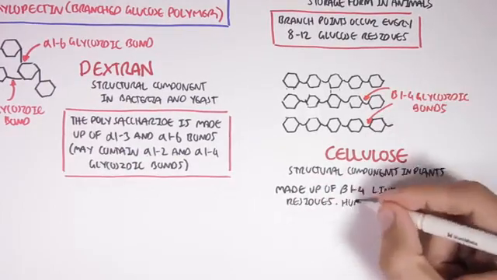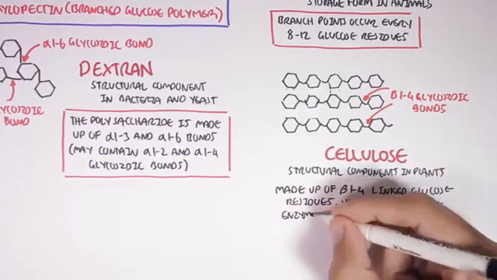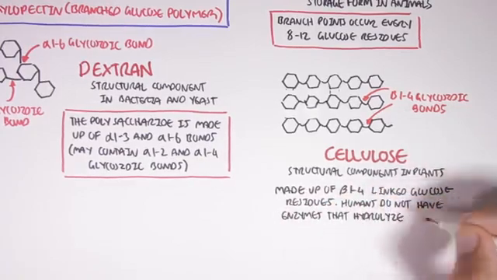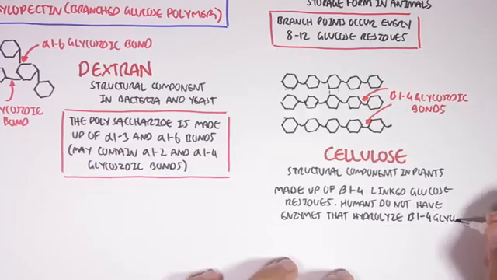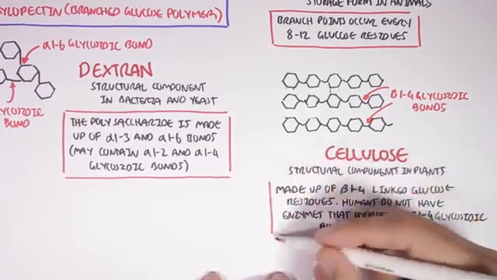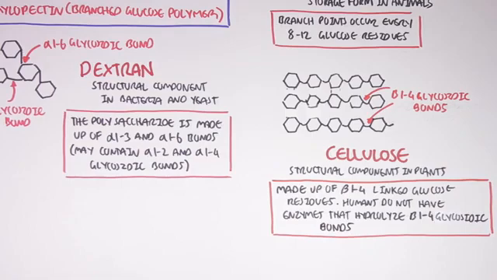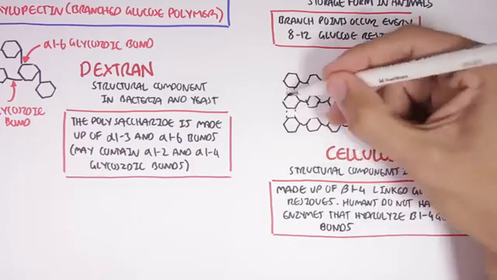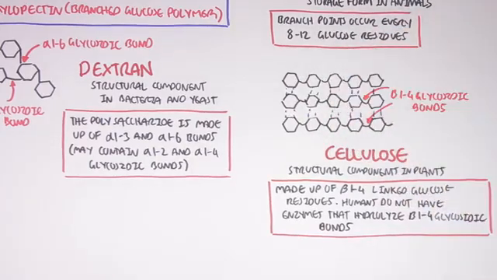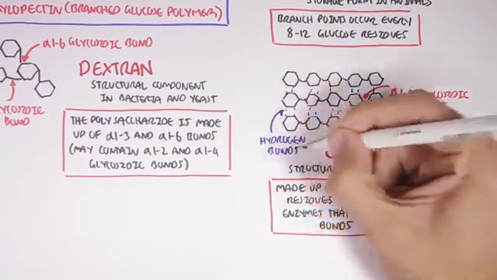Humans do not have enzymes that hydrolyze the beta-1,4 glycosidic bonds of cellulose, and so humans cannot digest cellulose. Now, even though cellulose is only chains of unbranched beta glucose, these chains can form hydrogen bonds with each other, forming a very strong structure.